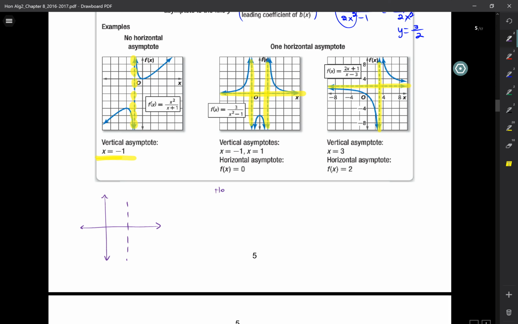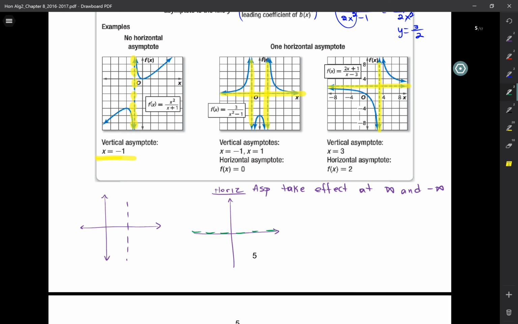If you've got a horizontal asymptote, the deal with horizontal asymptotes is this. Horizontal asymptotes, this is how I abbreviate asymptote, take effect at infinity and negative infinity. That means if I've got a horizontal asymptote here, in the middle where x equals 0, 1, -10, 20, 30, -40, that's not where the asymptote takes effect.